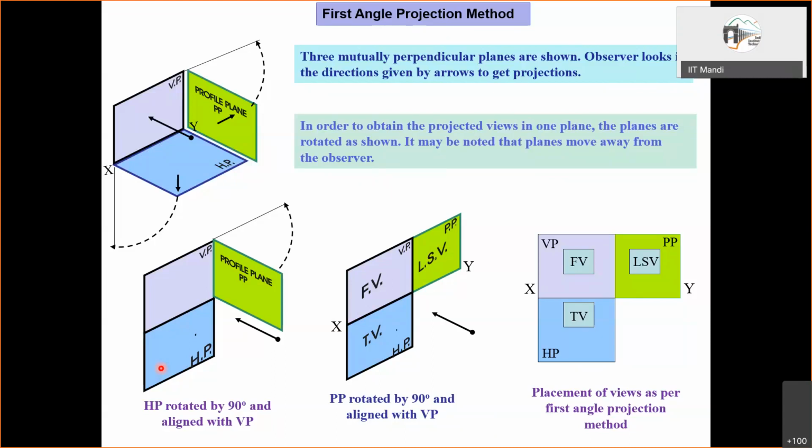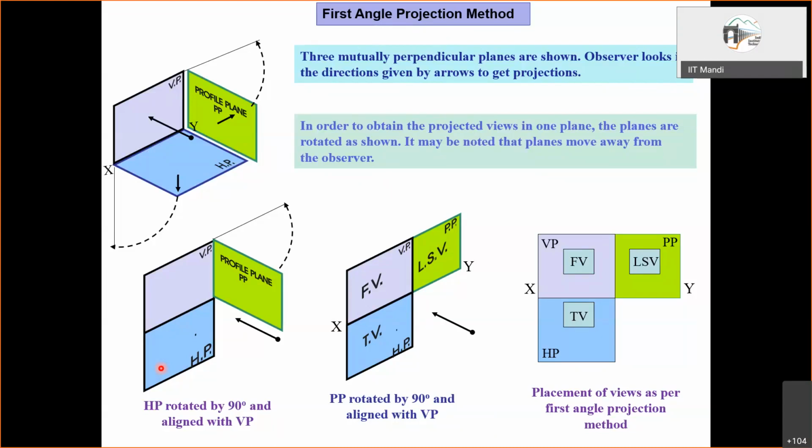But beyond that, we tried to keep the object either in the first quadrant or the third quadrant. The reason was that the front view and top view were then obtained above and below the XY line, and they never overlapped. That is why keeping them in the first or third quadrant was useful.